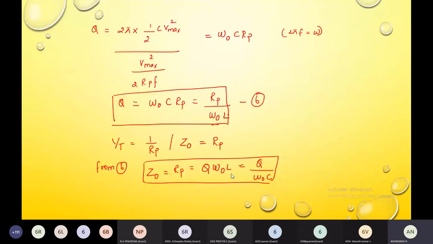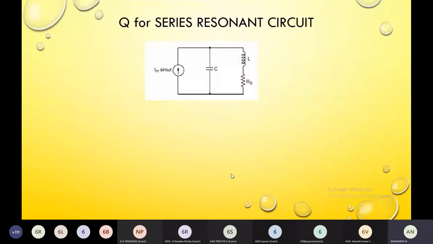Now we shall go for the series resonance circuit. Now we will take the inductor into account and derive. So quality factor, what is the formula? 2 pi into maximum energy stored per cycle by maximum energy dissipated per cycle.